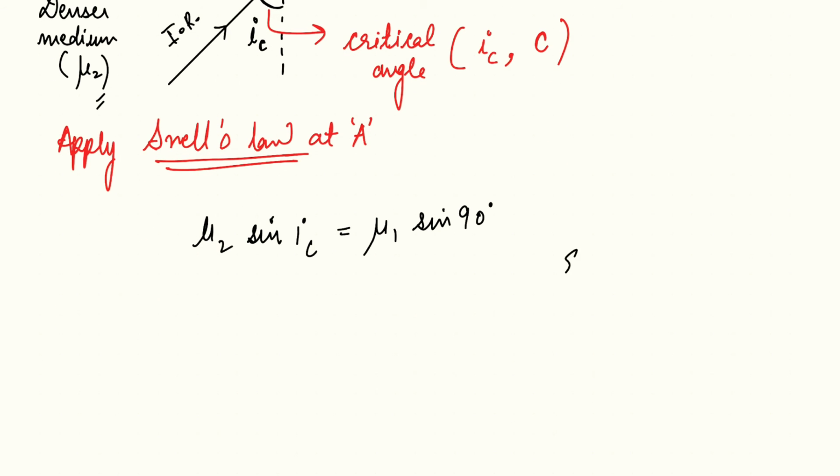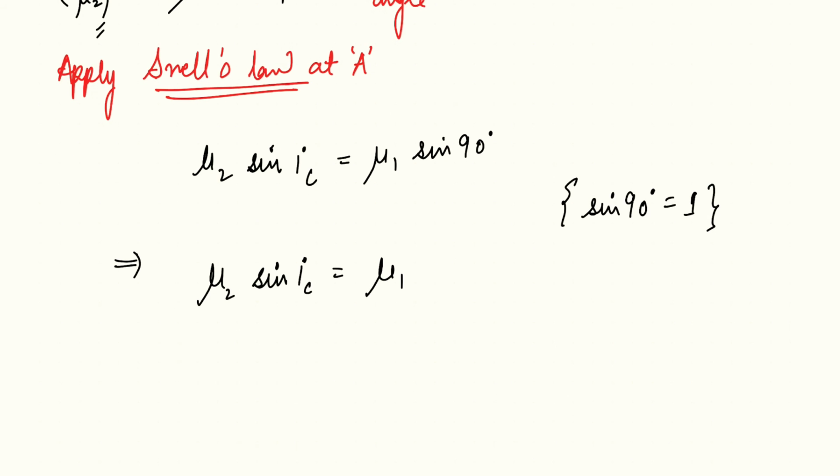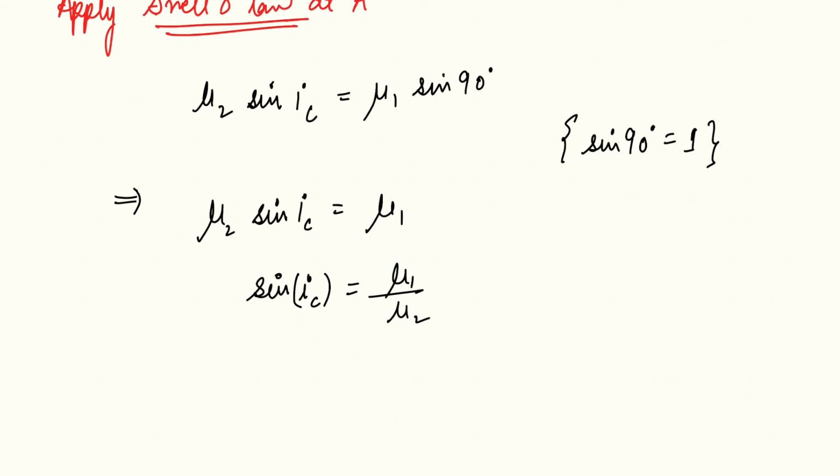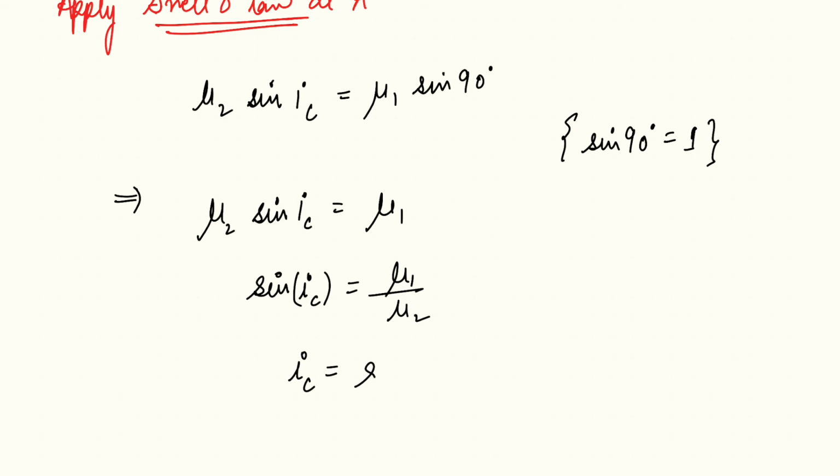The value of sine 90 is 1. So nu2 times sine of critical angle equals nu1, and sine of critical angle is equal to nu1 upon nu2. You can simply write the critical angle as sine inverse of nu1 upon nu2.